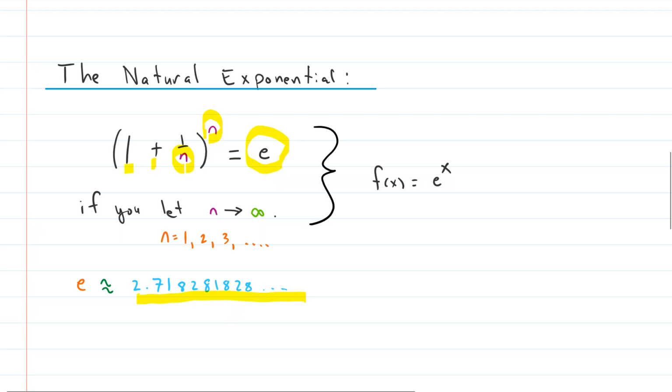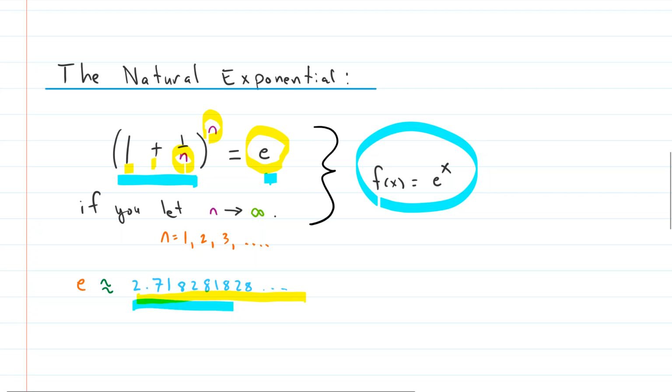As it gets bigger and bigger, this number on the left gets closer and closer to e. And as n goes to infinity, we get e. And that's what we have: our function, f of x equals e raised to the x, or e to the x. And here are the first 9 digits of e right here: 2.718281828. And it keeps going on and on with some crazy numbers.